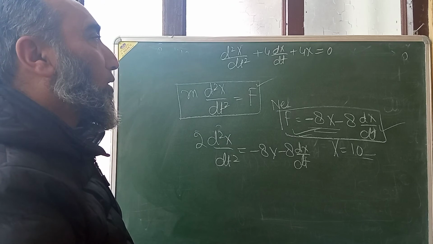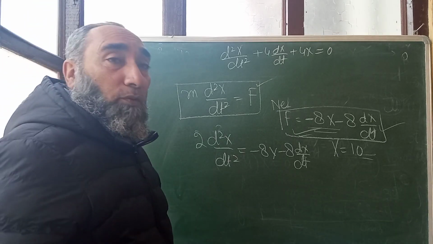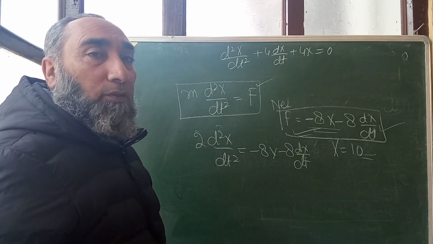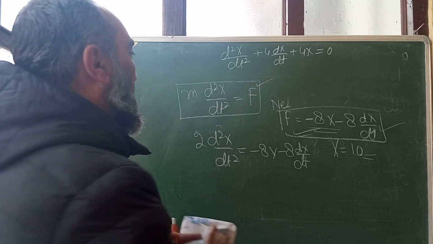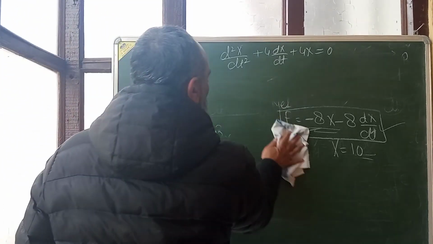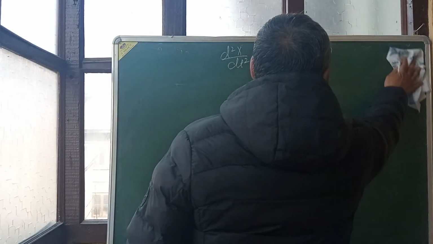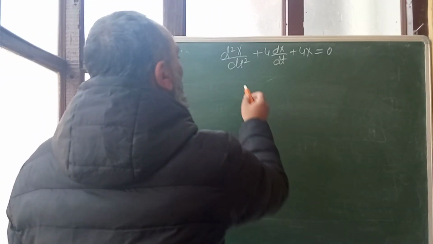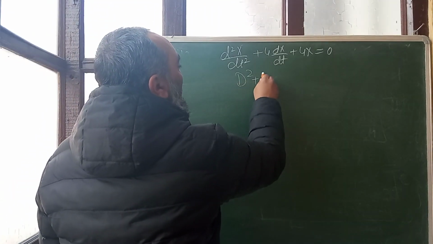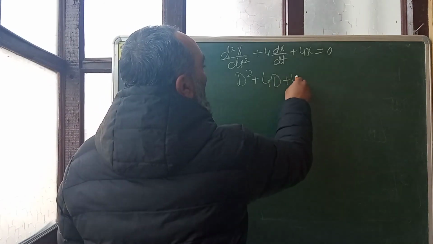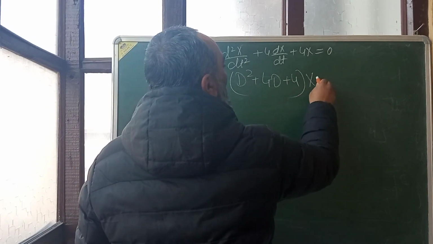This is the differential equation, one more linear differential equation with constant coefficients. Now, for this you have d square plus 4d plus 4 operating on x is equal to 0.